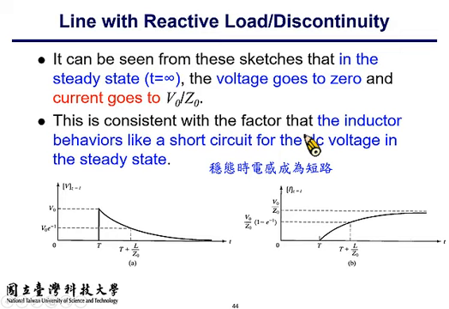I think I already discussed that at steady state, that is, with a sufficiently long observation, the inductor will eventually become a short circuit, as we already know from circuit theory.